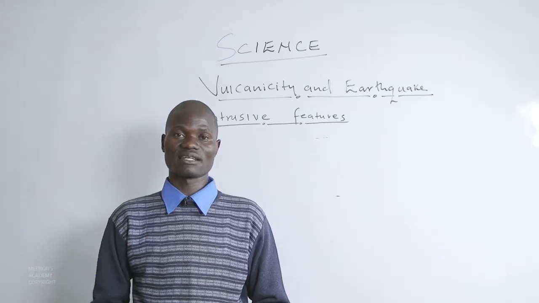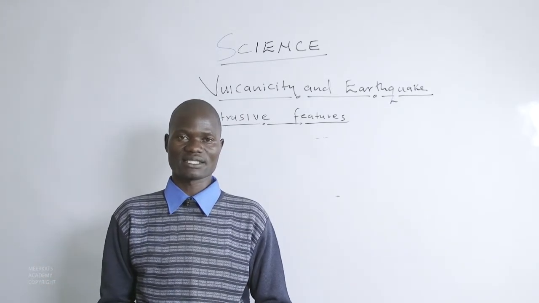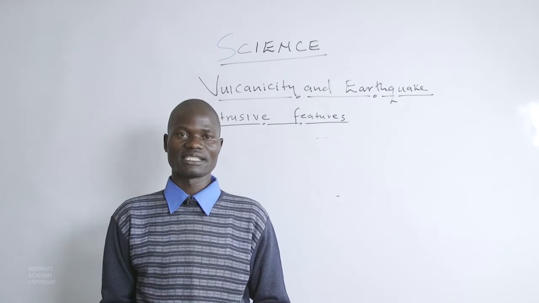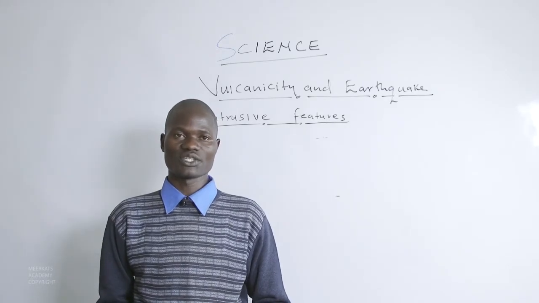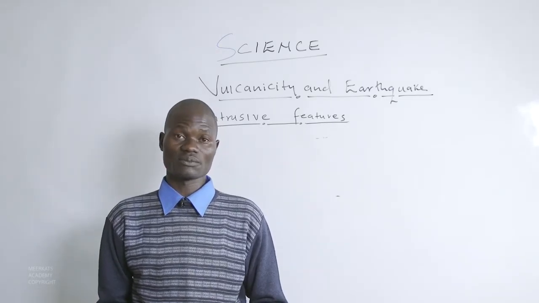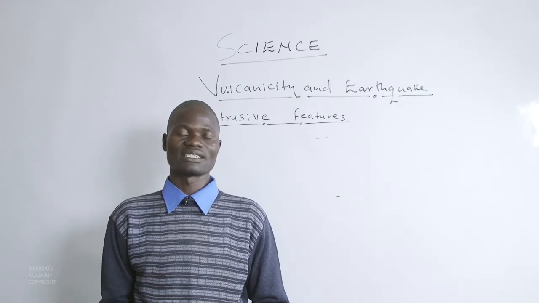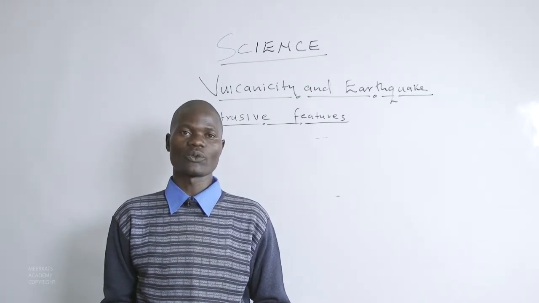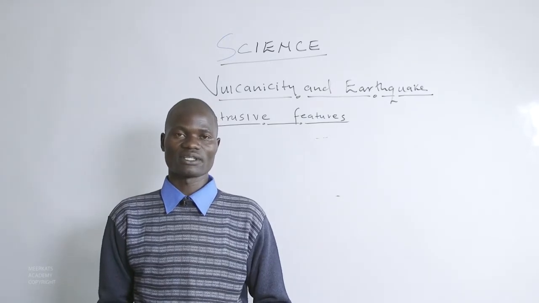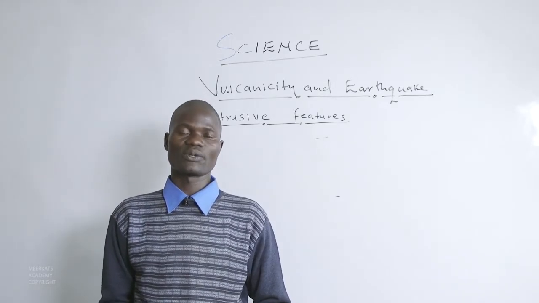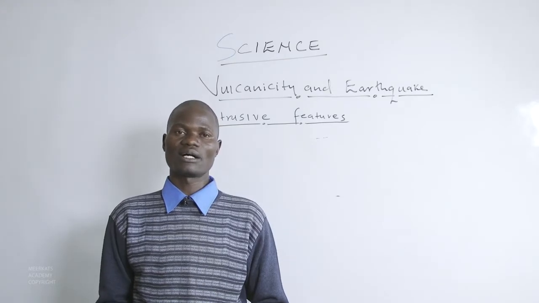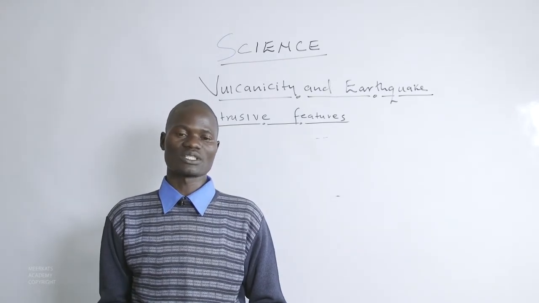It embeds itself within the earth crust, and as a result it leads to the formation of the intrusive landforms. These are landforms that have been formed within the bedding planes of the earth crust. Therefore, there are various features that we are going to look at and how they are formed throughout this lesson.